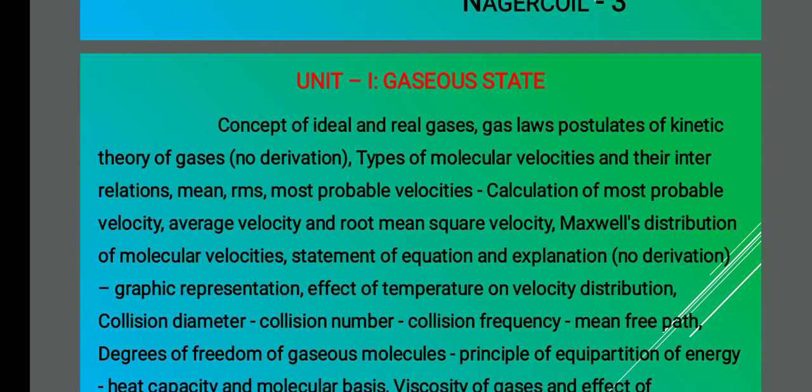Then we can go with viscosity, the factors influencing viscosity, the main advantages of viscosity, and problems based on viscosity. So these are the things we are going to see in today's class. First we can see the problem based on mean free path. Last class I explained mean free path and the factors influencing it. So I'll go with the problem first.